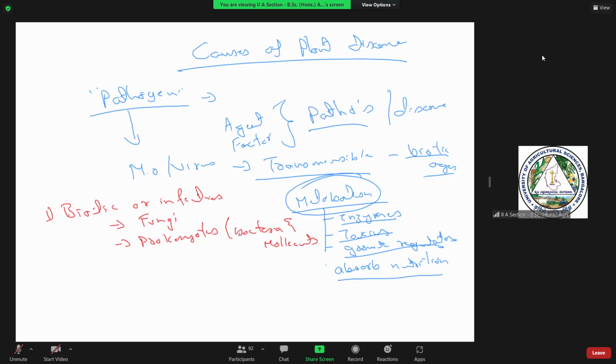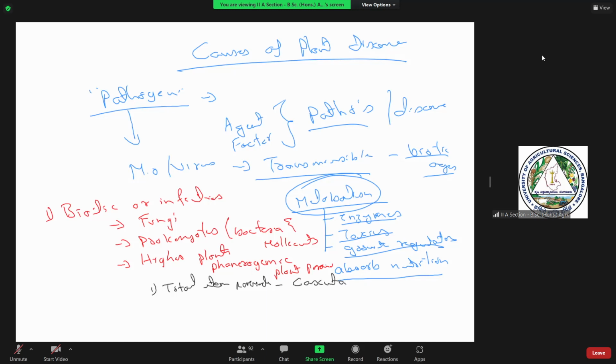And also the higher plants. Higher plants, we call these phanerogamic plant parasites. For example, the phanerogamic plant parasites include, number one, the total stem parasite, and the best example is Cuscuta.